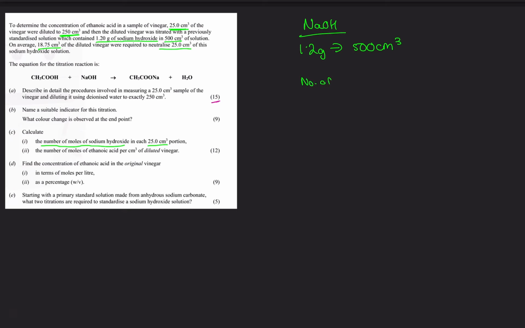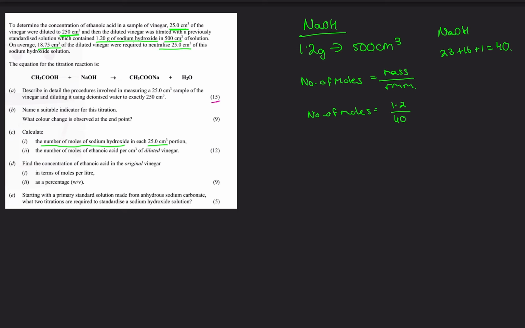The number of moles equals mass over relative molecular mass. We don't know this number of moles. 1.2, and if you work out on the side, NaOH, you will get 23 plus 16 plus 1, which gives you 40. So the relative molecular mass is 40.